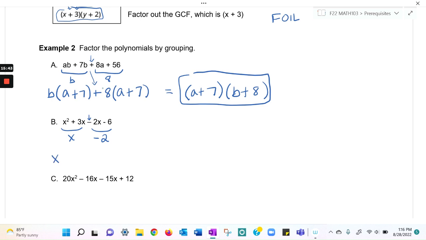So let's factor x out, and we'll have x plus 3. So this is just coming from the first two. Now we're going to factor out negative 2 or minus 2. And so we'll have x, but now be careful. This is going to turn into a plus 3. So, oh wow, look, it matches.